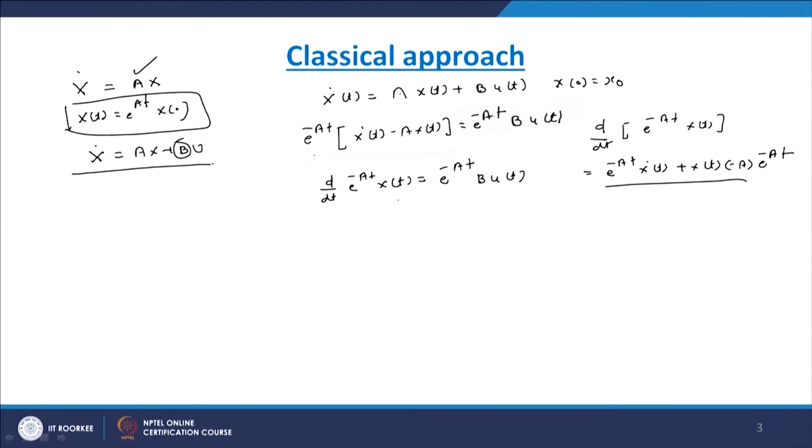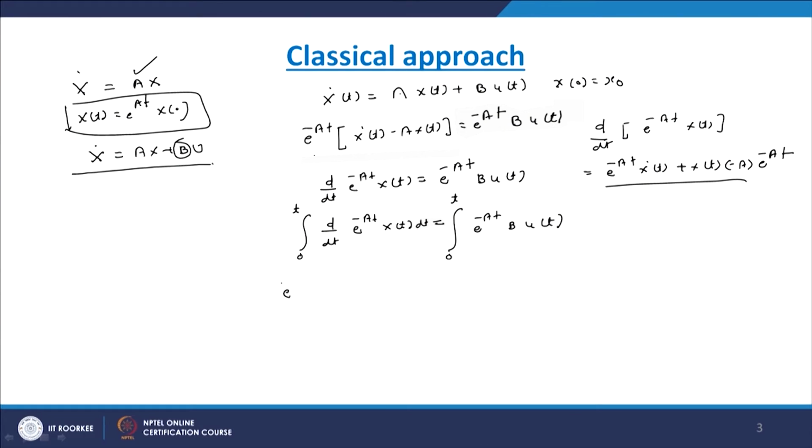Therefore, integrating both sides from 0 to t, we get the integral of d by dt of e raised to minus At into x of t equal to the integral from 0 to t of e raised to minus A tau B u of tau d tau. Now, you will find we have integration and differentiation, but they cancel, and the remaining is e raised to minus At into x of t, but with the limits 0 to t.